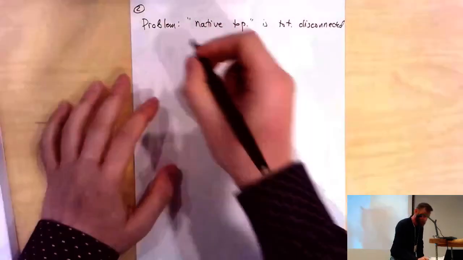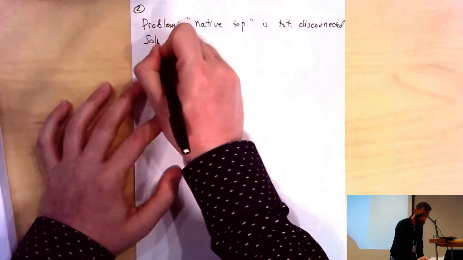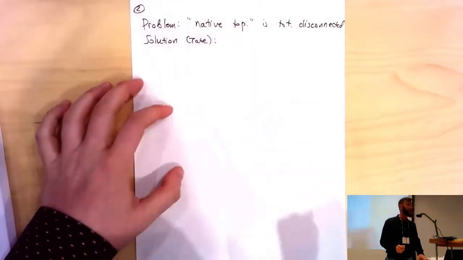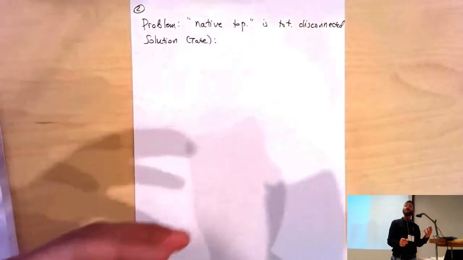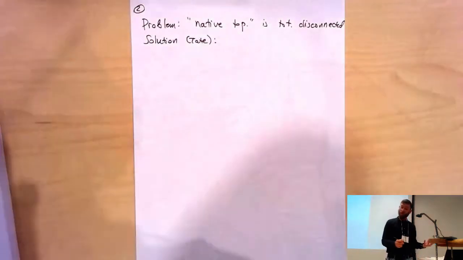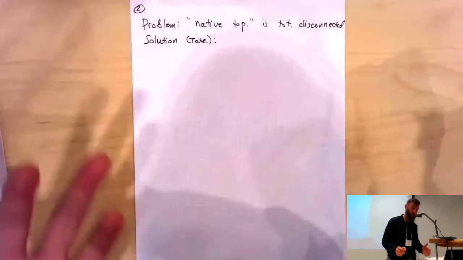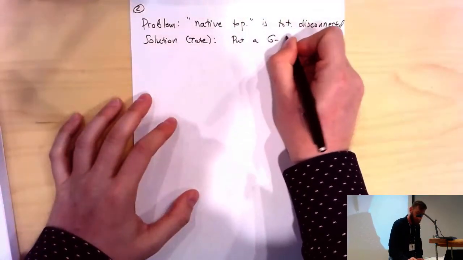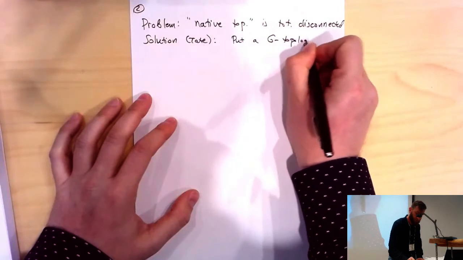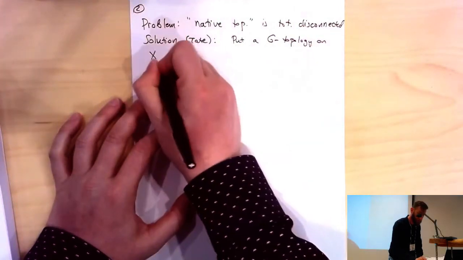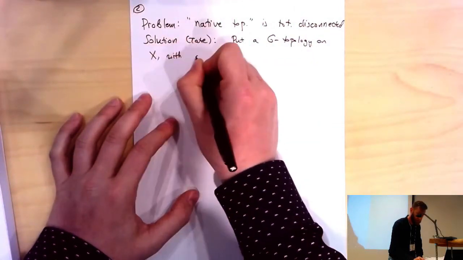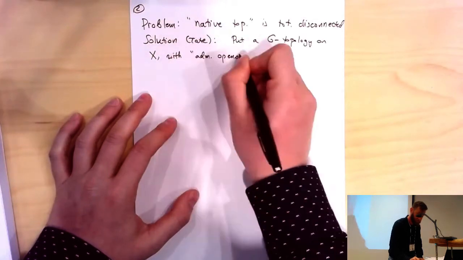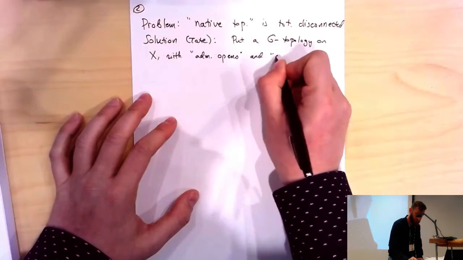And the solution to this, due to Tate, well, it's just to change the topology. Although Tate's solution is not a literal topology on the set X, it's a Grothendieck topology. A G topology on X, with admissible opens and admissible covers.